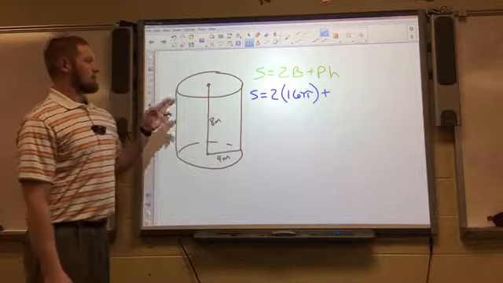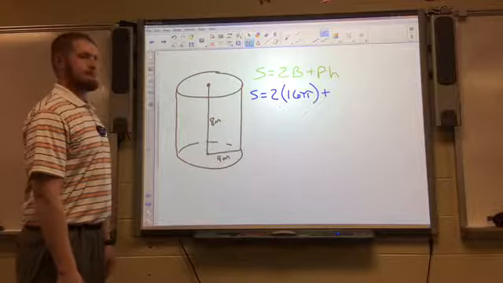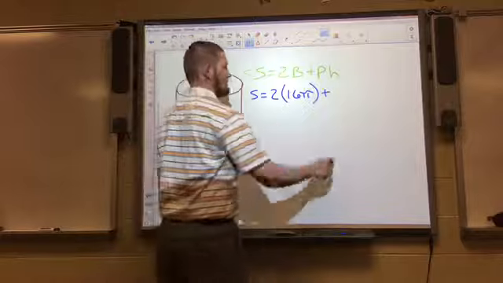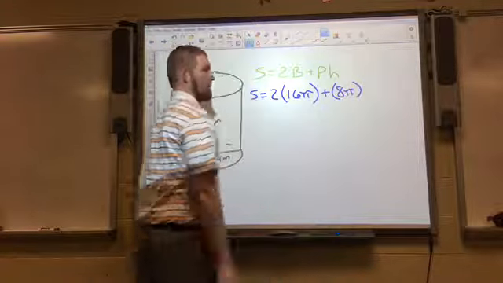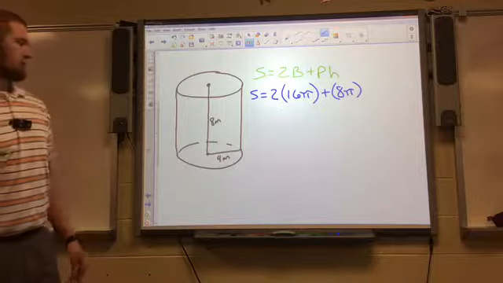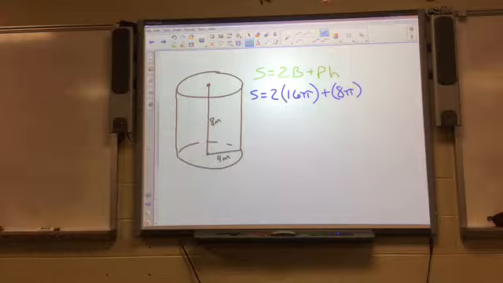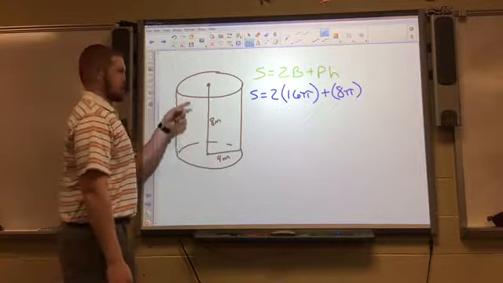Taylor Hart, what's my circumference or my perimeter of my base? Close. How about 8 pi? Right? Because it's 2 pi r. So 2 times the radius is 8, but you've got to multiply that by pi still. And my height, everybody, is 8.